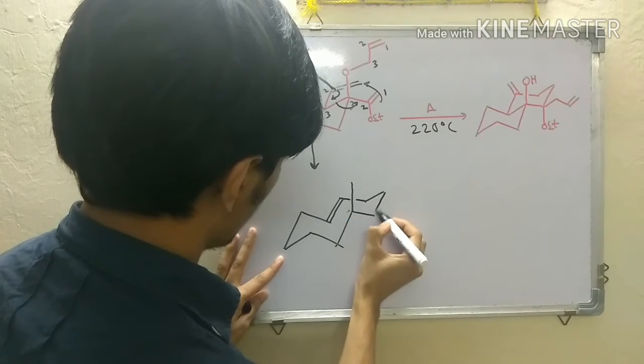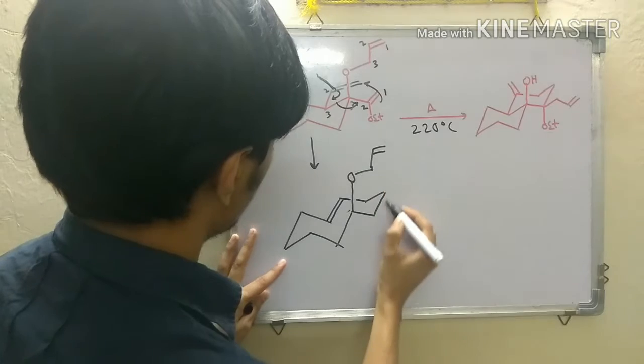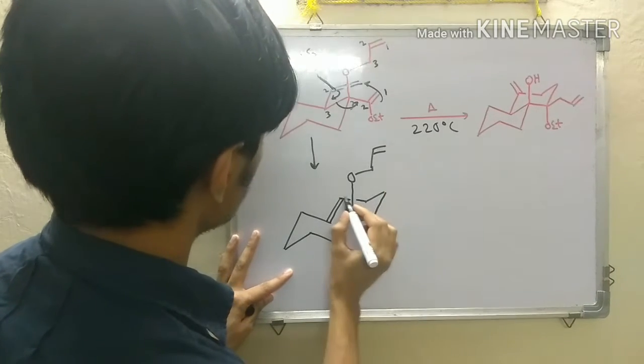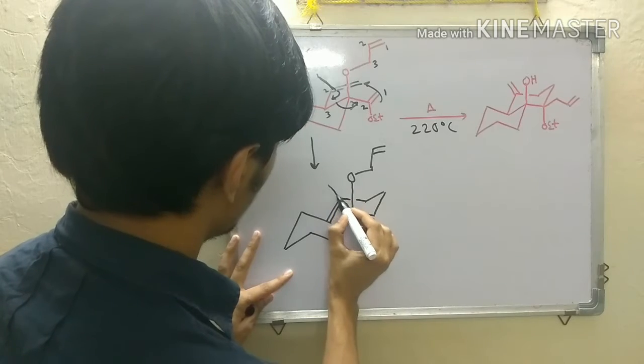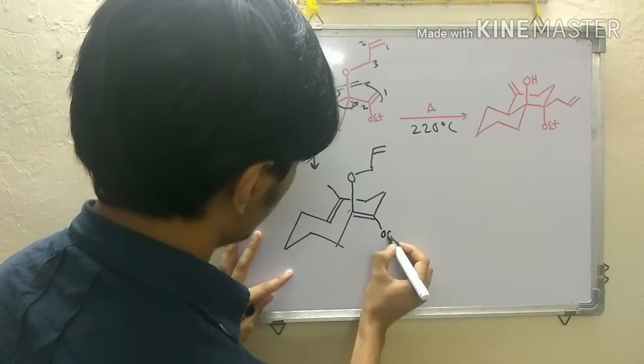Here a double bond is forming, and here you have a methyl substituent, and here you have an OEt group.